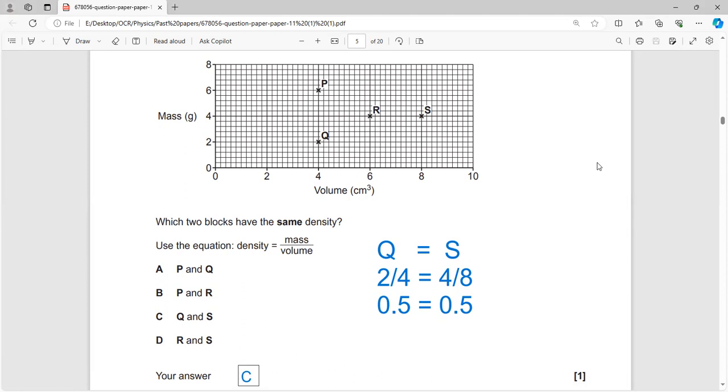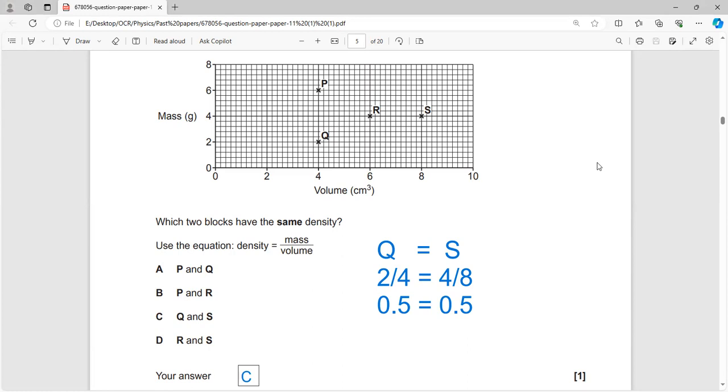For example, if you check the value of point Q, along the x-axis this value is 4 centimeter cubed, while along the y-axis, Q has 2 grams. So 2 grams of mass over 4 centimeter cubed of volume. The answer is 0.5.